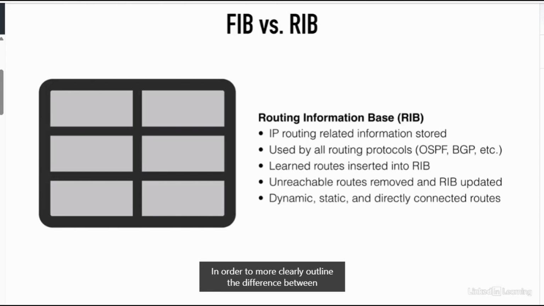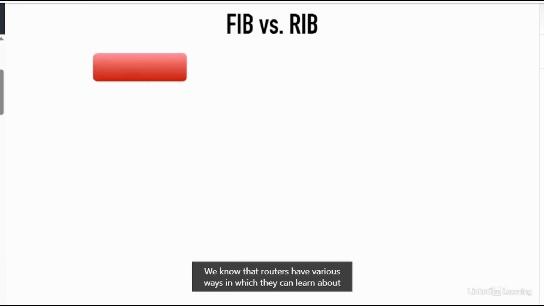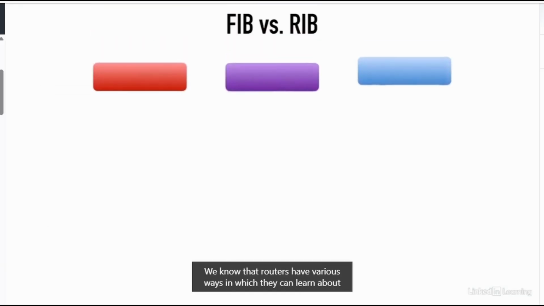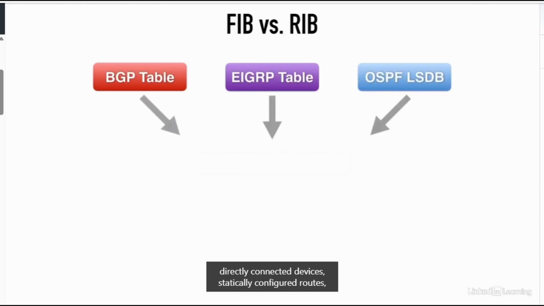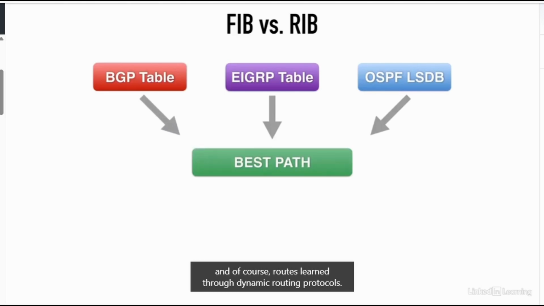In order to more clearly outline the difference between these structures, let's take a look at this overview. We know that routers have various ways in which they can learn about the best paths towards specific destinations. That can include directly connected devices, statically configured routes, and of course, routes learned through dynamic routing protocols.